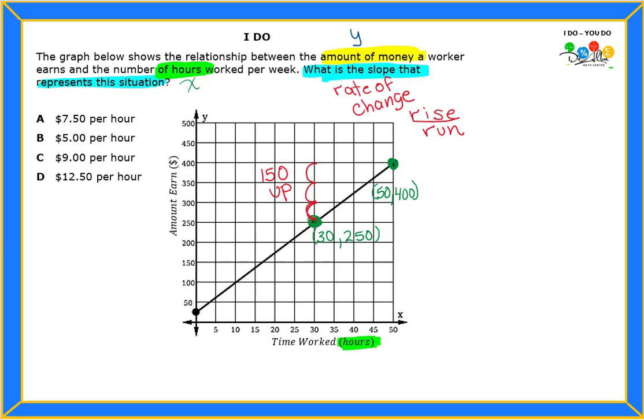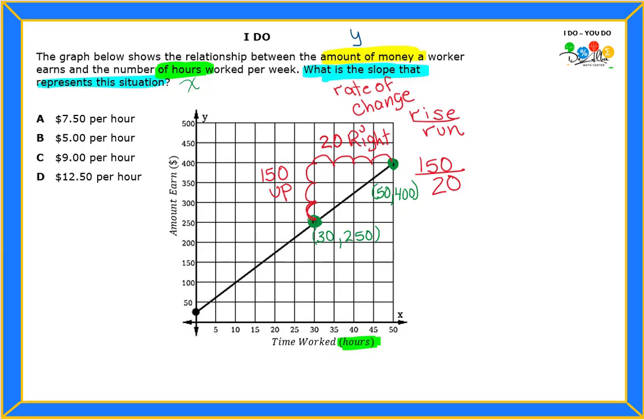Now I want to go to the right because I want to reach that point, and again I'm going to be counting by 5s. So that's 5, 10, 15, and 20 to the right. So let's write down my number. If I want to find my rise over run, I got 150 over 20. And we'll talk about simplifying in a minute.